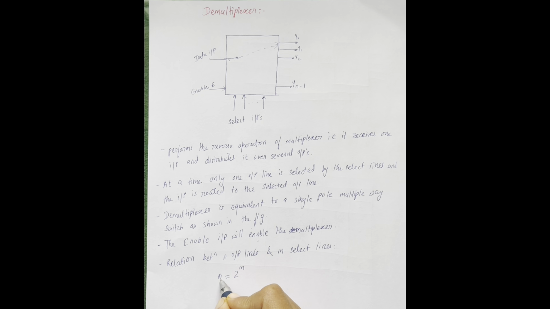N in the demultiplexer means number of outputs and m means select lines. But in multiplexer, n was the number of inputs and m was select lines. M is similar in both demultiplexer and multiplexer, that is your select lines, but n varies. In multiplexer n was your input lines, and here in demultiplexer n is output lines, right? That's it.